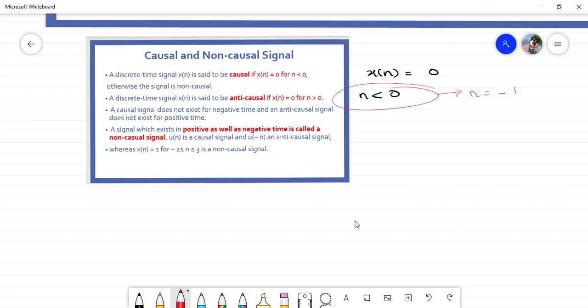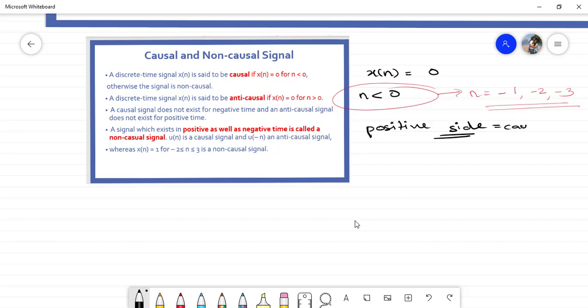So for all these values of n, the value of the signal will be equal to 0. So can I say that my signal will be on the positive side of the graph? Correct. So when my signal is on the positive side of the graph, it is called a causal signal. Okay, so positive side is equal to causal.